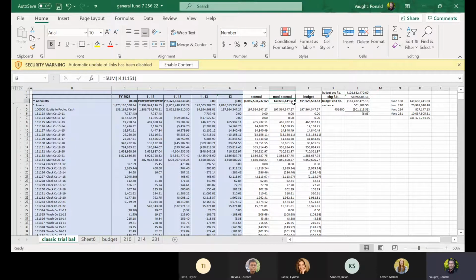And this is Fund 100's fund balance on the modified accrual. And this is general fund's fund balance on the budgetary basis. So the trick here is to know what every asset and liability is for each basis of accounting.